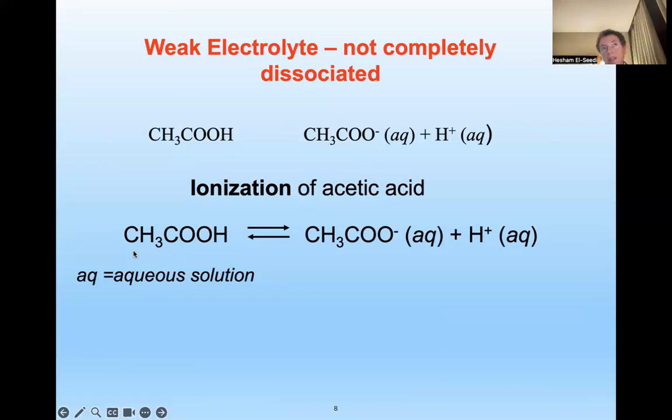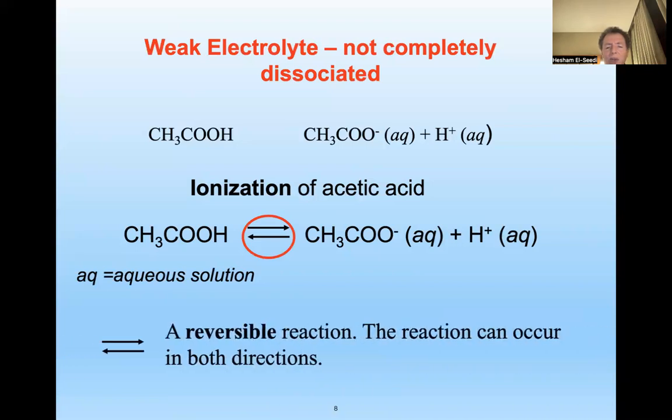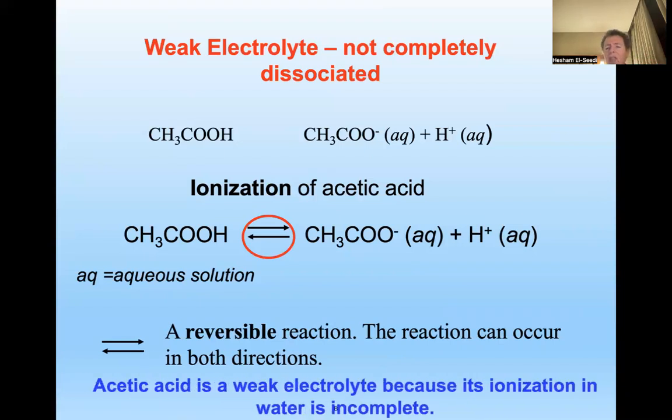So forward and backward means the ionization of acetic acid is reversible, and accordingly it is a weak electrolyte. I circle here to show you why it is a reversible reaction, which means it occurs in both directions. Therefore, it is a weak electrolyte.